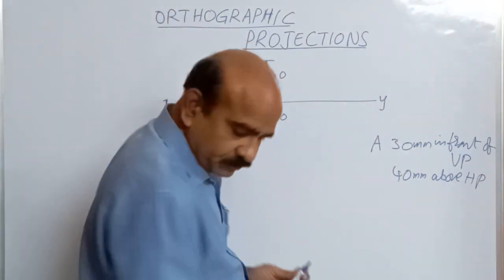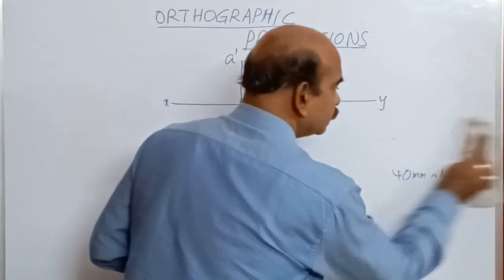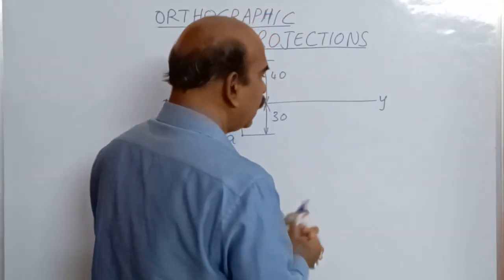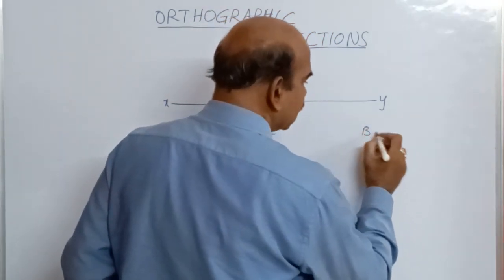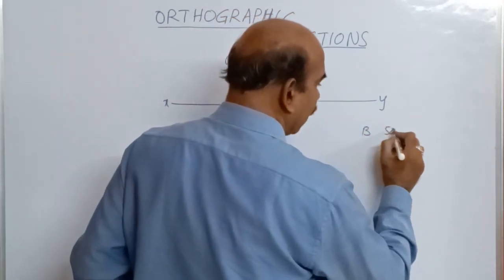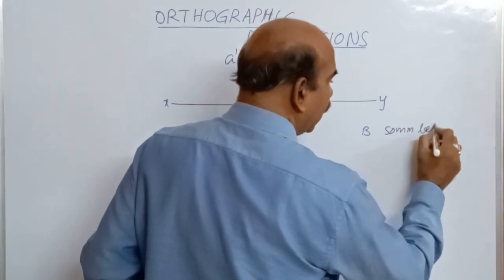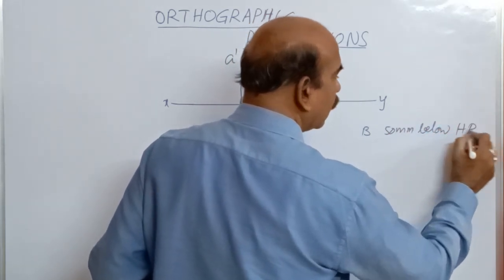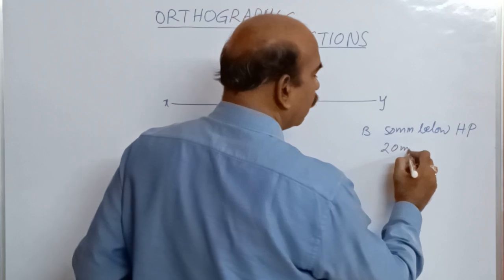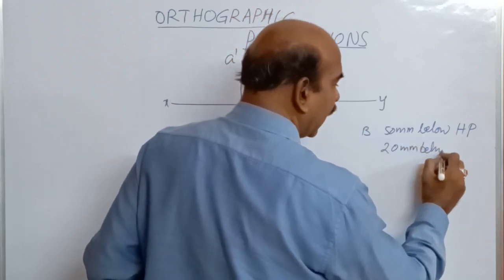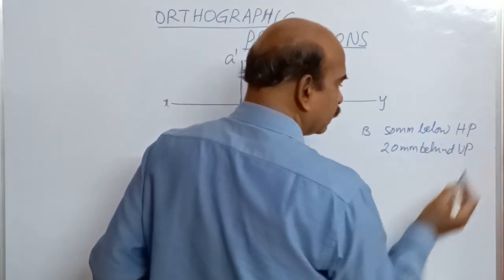The point B is 50 mm below HP, 20 mm behind VP.